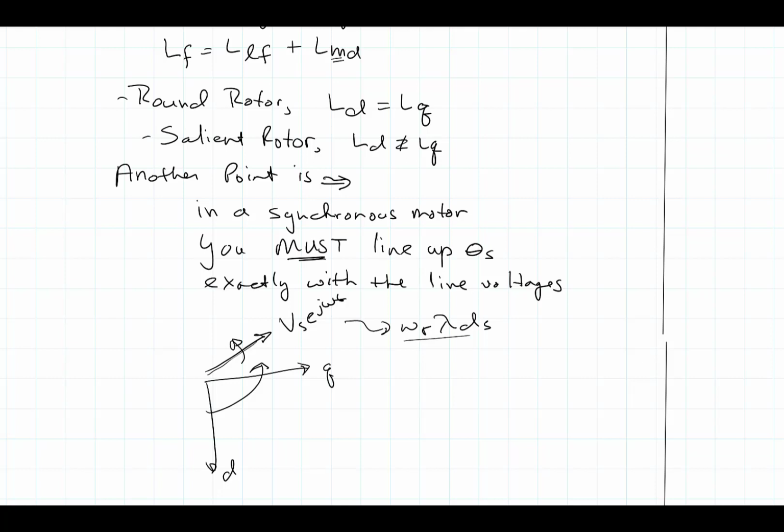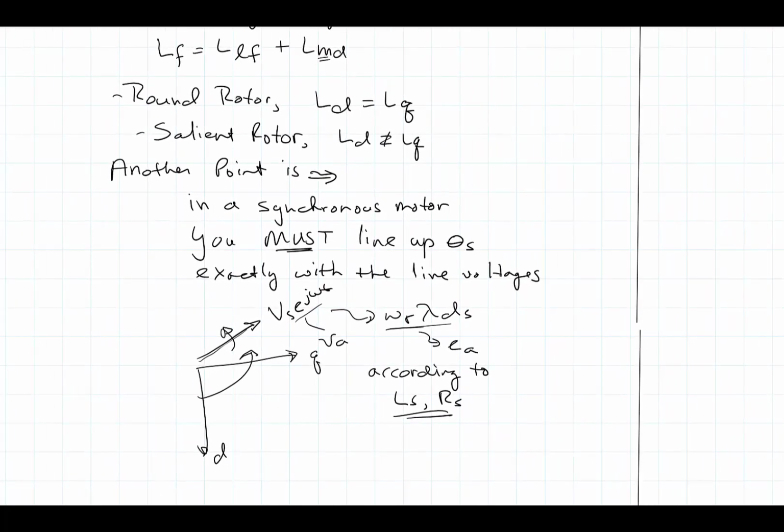There is a difference between these two voltages. This is very much like your V armature in your DC motor. This is very much like your back EMF in your DC motor. The angles of these have to be lined up according to LS and RS. Otherwise, you're going to be basically locking up the motor.